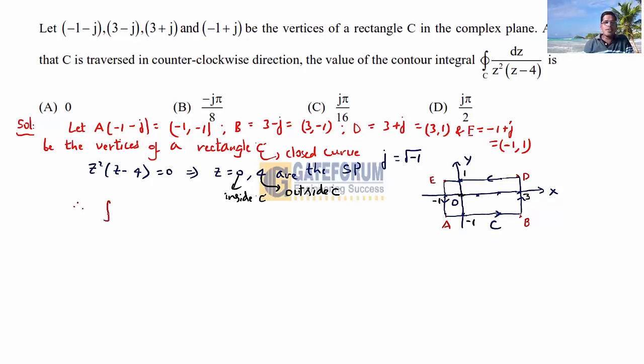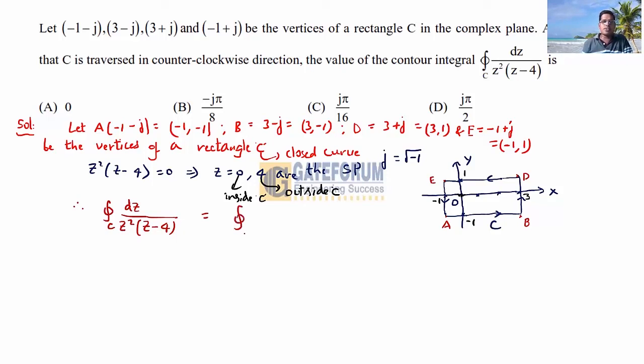I can adjust the given integrand as the integral over C of dz by z square into (z minus 4). The singular point 4 corresponds to the factor z minus 4, which is outside. So write this factor in the numerator, with the remaining factor in the denominator.